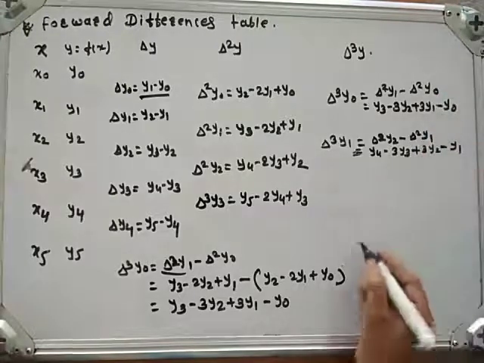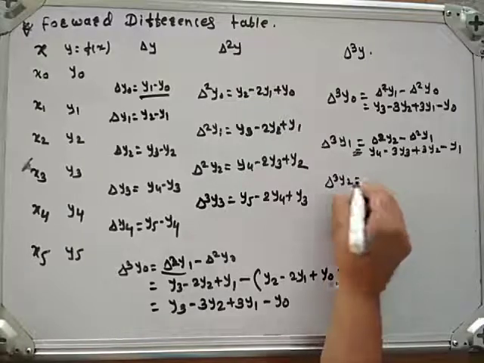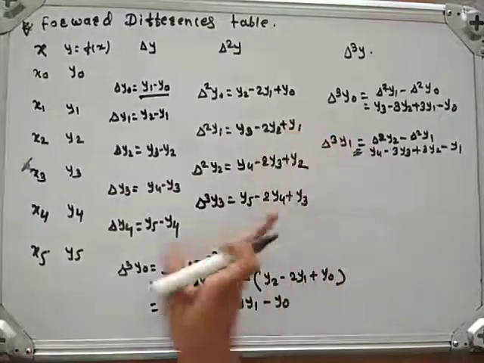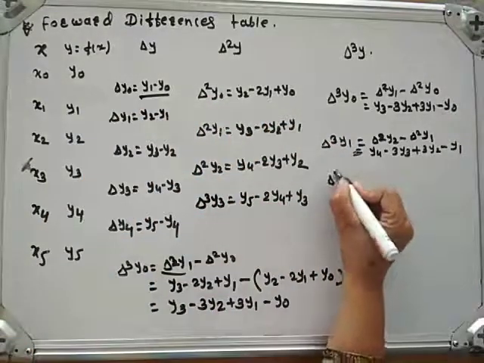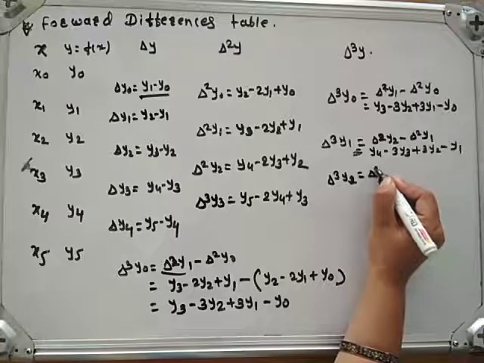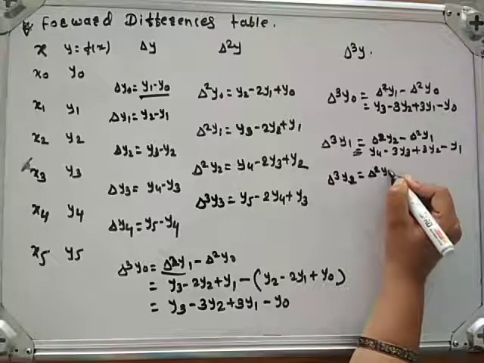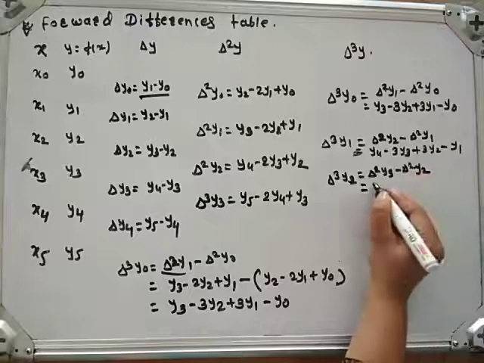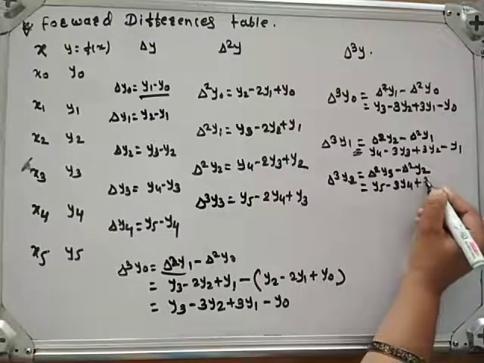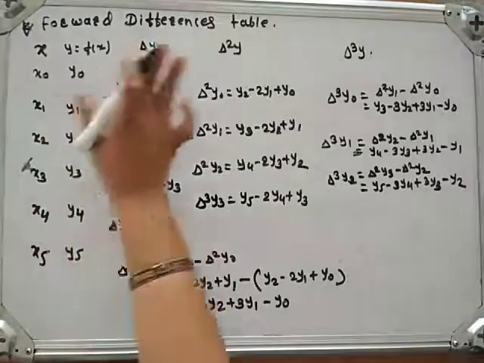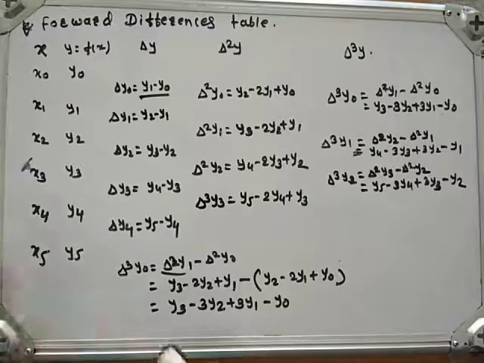And delta cube y2 is delta square y3 minus delta square y2, and after simplifying this, we get y5 minus 3y4 plus 3y3 minus y2.